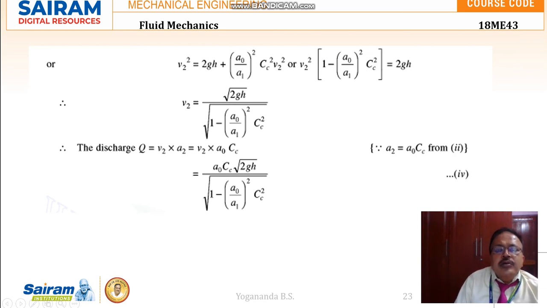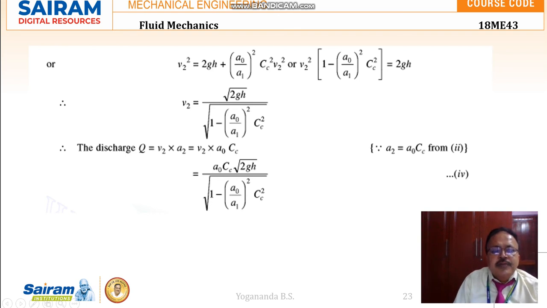So rearranging the terms. So 2GH is on one side and taking this plus quantity to the other side, it becomes minus. So both the terms have V2 square common, taking V2 square outside. So it is simplified to get V2 like this.